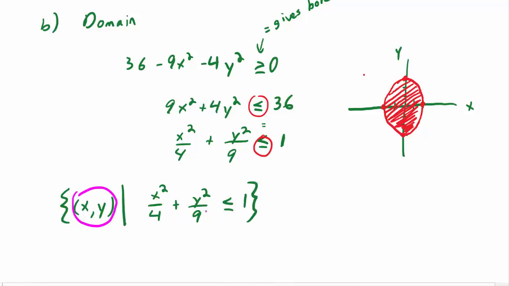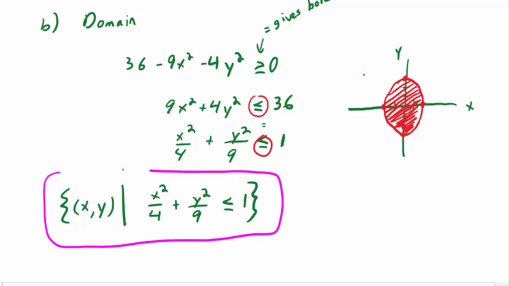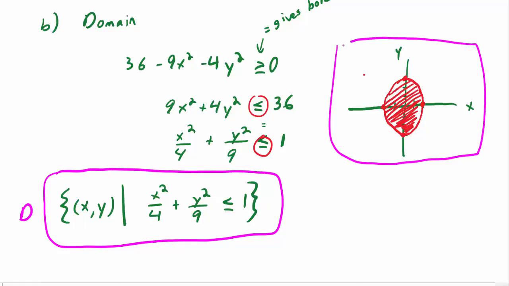It's just a restatement in a different notation of what the inequality is saying. It's called set builder notation. My Math 60 intermediate algebra students have trouble with set builder notation, but I have a feeling you guys will be okay with it. So symbolically, this is the domain, and this is a picture of the domain. I like the picture better myself.